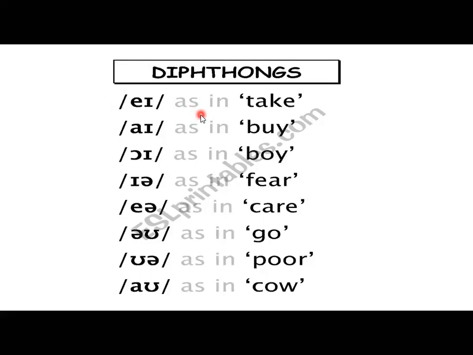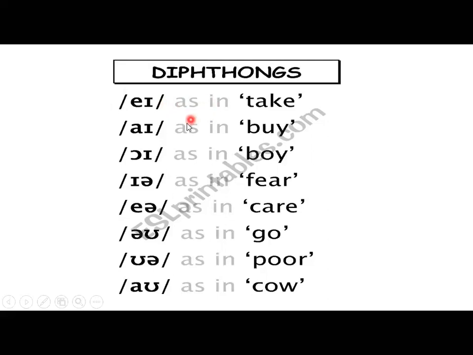One is get and another is gate. So when you extend that A sound, make it somewhat lengthy, then it becomes the diphthong, as in cake, make, take.